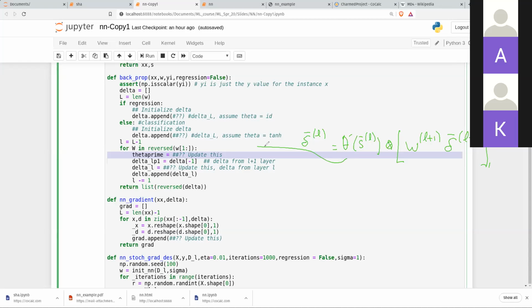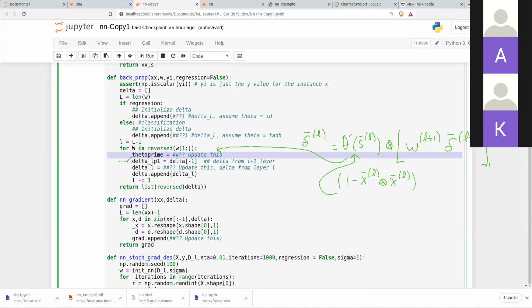So first you need theta prime, and this is like 1 minus X L times X L, if you're using the hyperbolic tangent activation function.